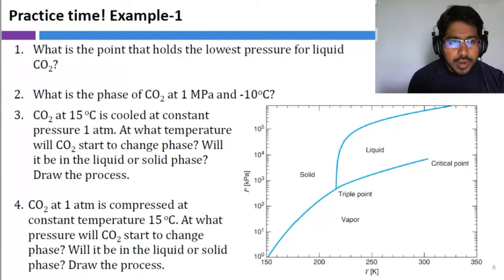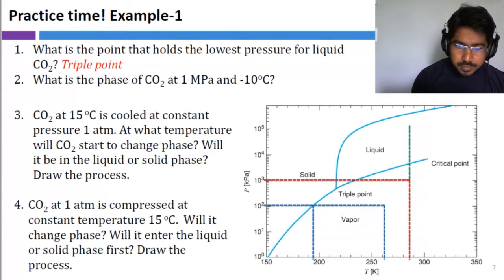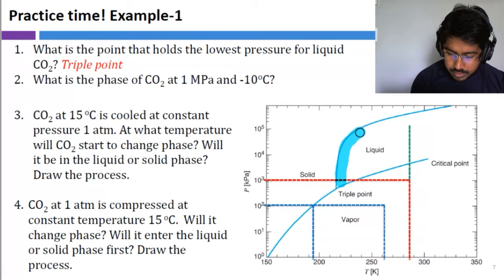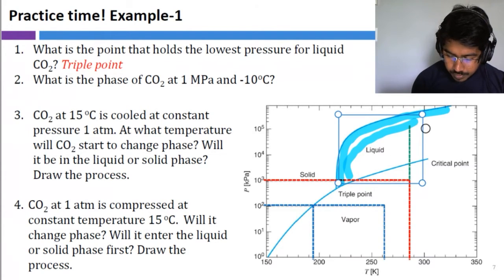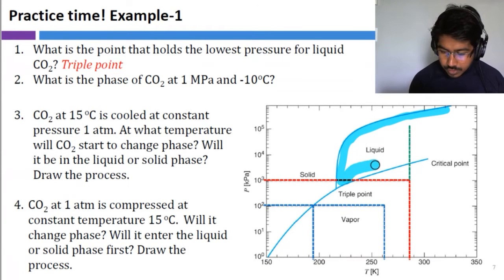The first question is, what is the point that holds the lowest pressure for liquid CO2? Anybody got the answer already? So this is the liquid portion. Perfect, so it's correct.